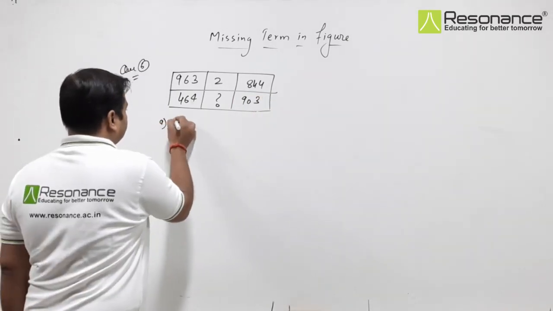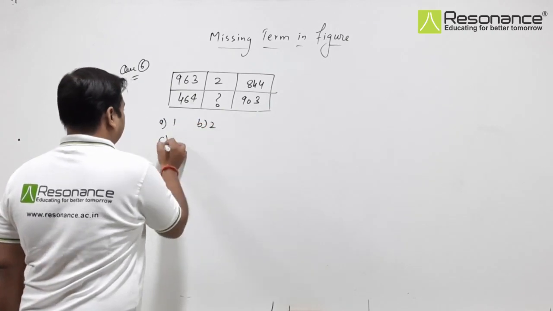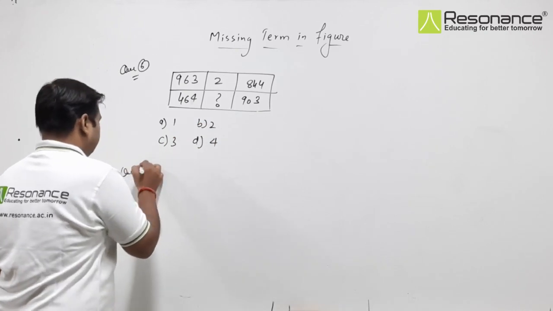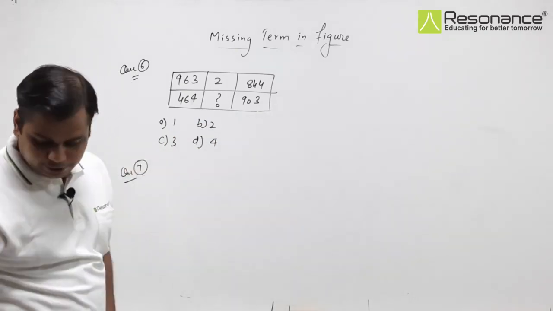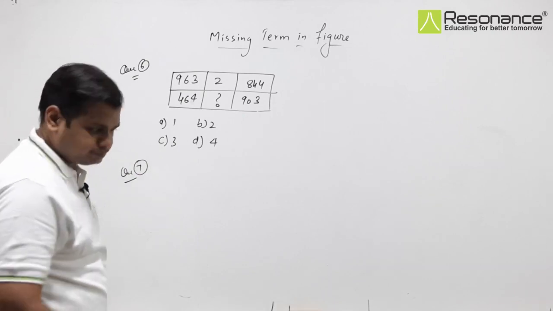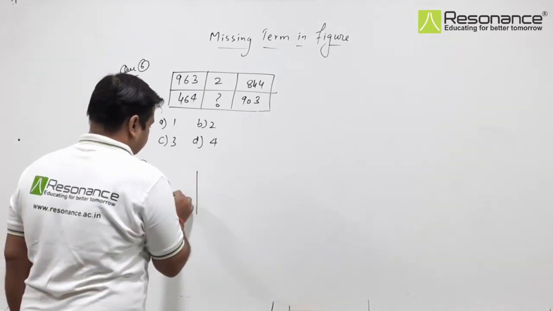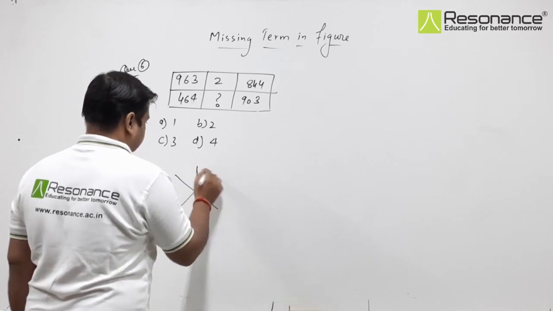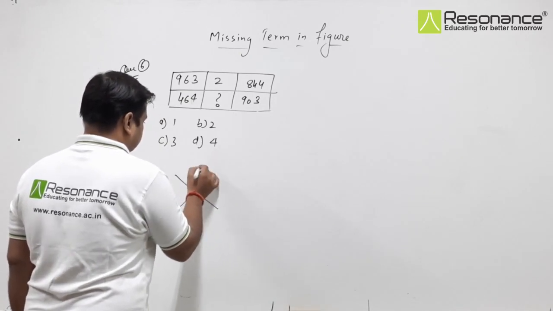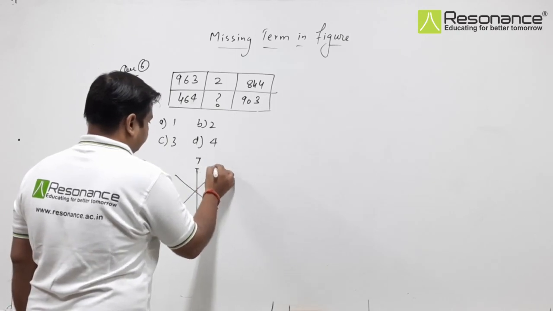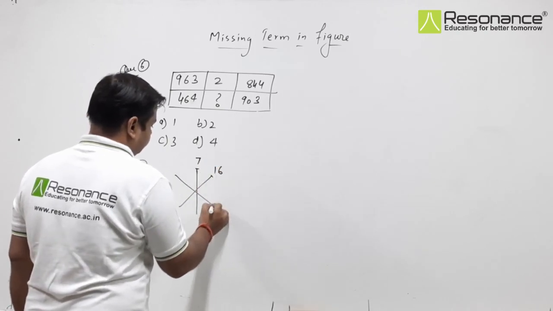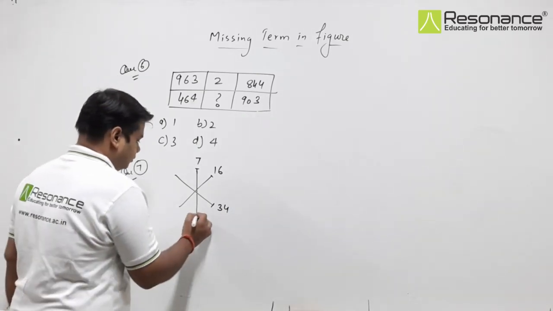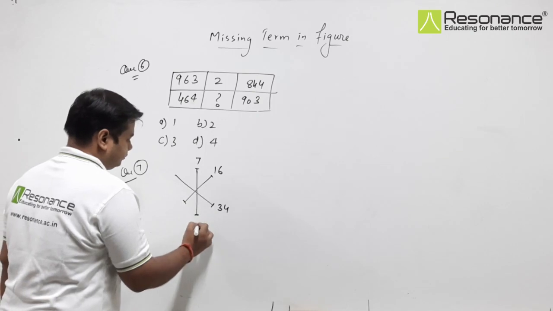The options are 1, 2, 3, 4. Another question we have, seven 16 34, question mark, 142, 286.